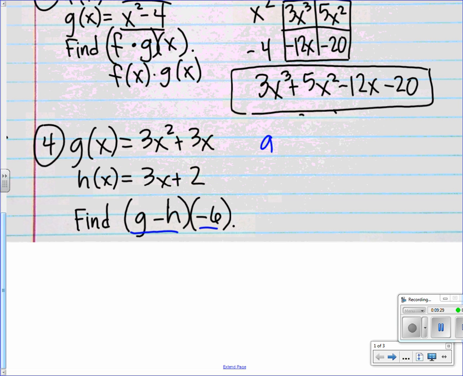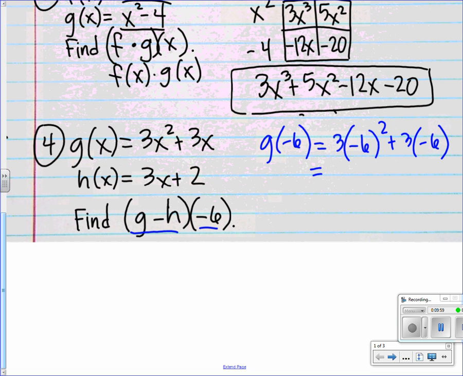So g of negative 6 is just going to be 3 times negative 6 squared plus 3 times negative 6, right? I just plugged in negative 6 into g of x. If you plug this into your calculator, make sure you put parentheses around the negative 6, okay?